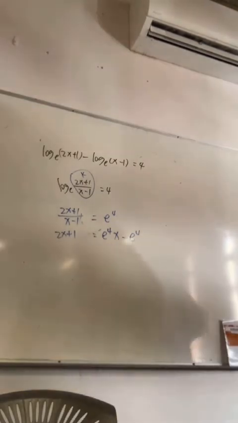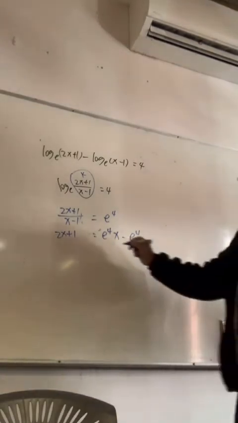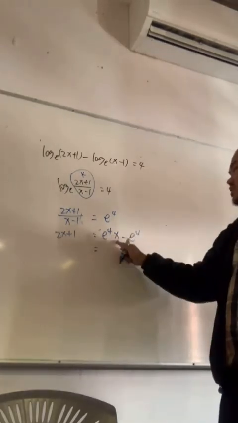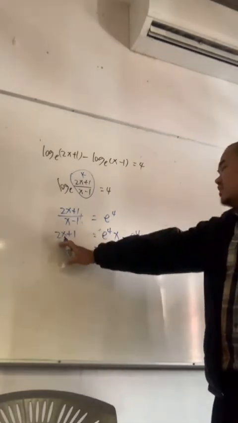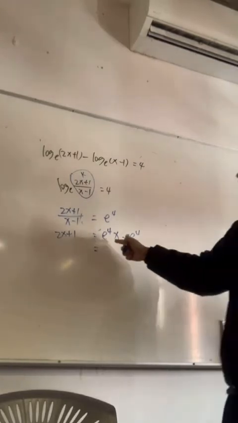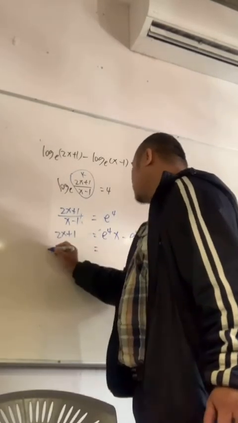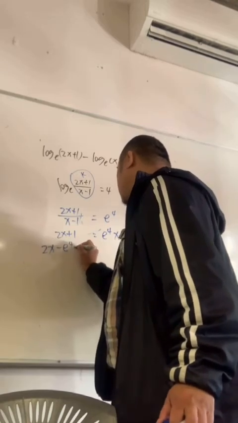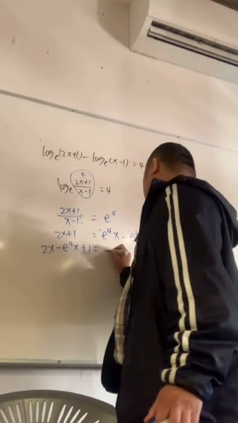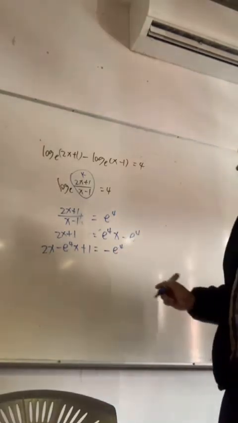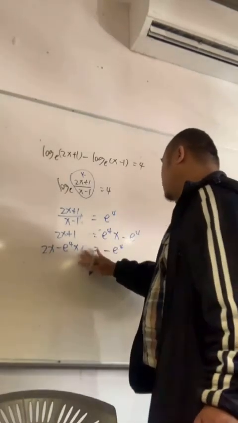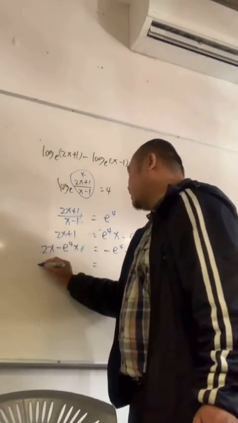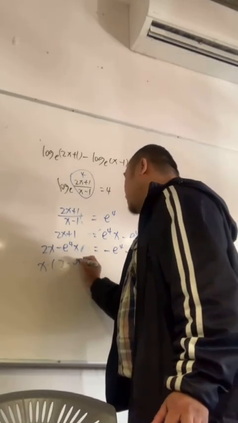And then, because we want to solve for x, I move this guy to the left and move the minus 1 here. So if I take out x as a common factor, 2 minus e^4.